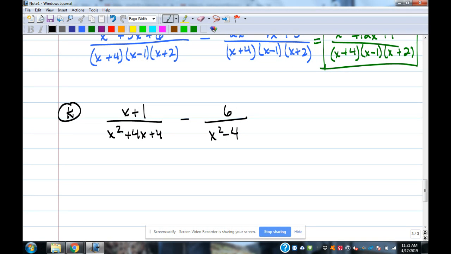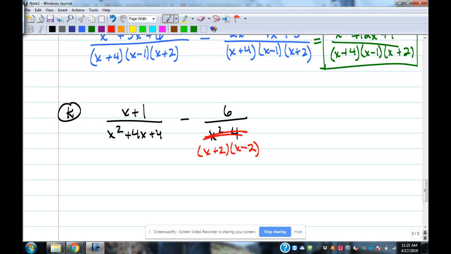All right. What do the denominators tell us to do? Well, the right one can factor. Okay, the right one can factor because it's a difference of squares. Yeah, x plus 2, x minus 2.